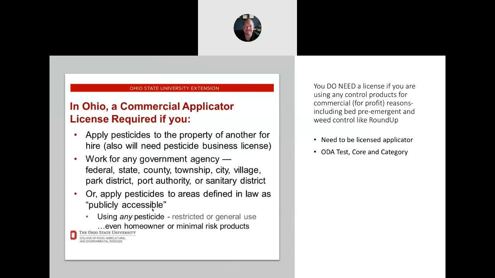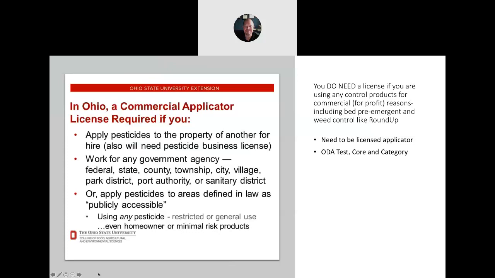And unfortunately, he didn't realize, neither did I really at that point, that yes, you do need a license for your people to be able to apply Roundup and other products, even in your bed. So again, if you're doing it for personal use, that doesn't matter.